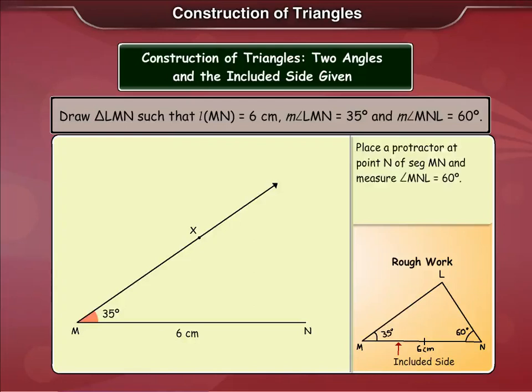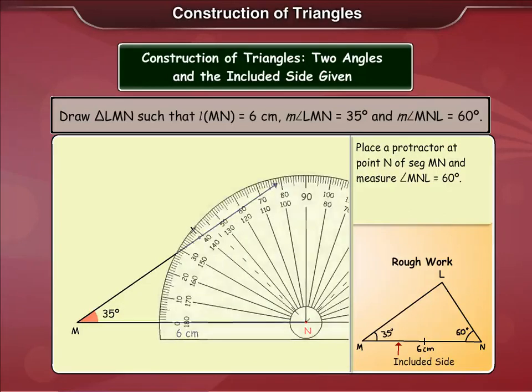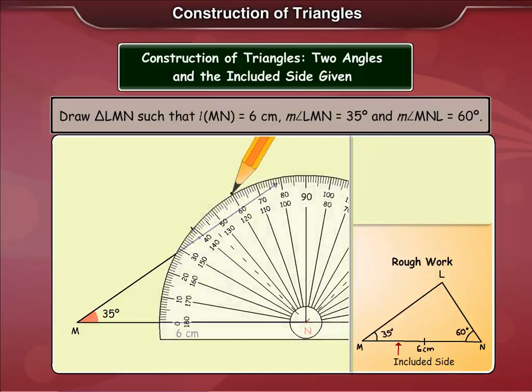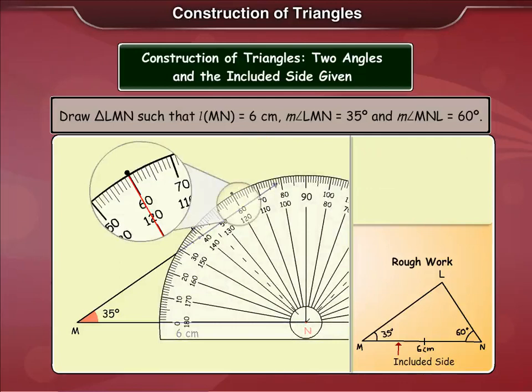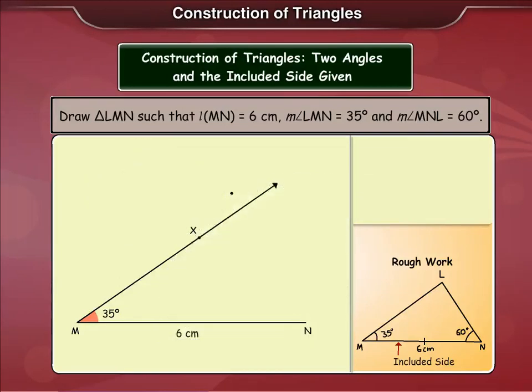Let's start the construction. Using a scale, first draw segment MN of length 6 cm. Place a protractor at point M of segment MN and measure angle XMN as 35 degrees. Mark point X at 35 degrees.